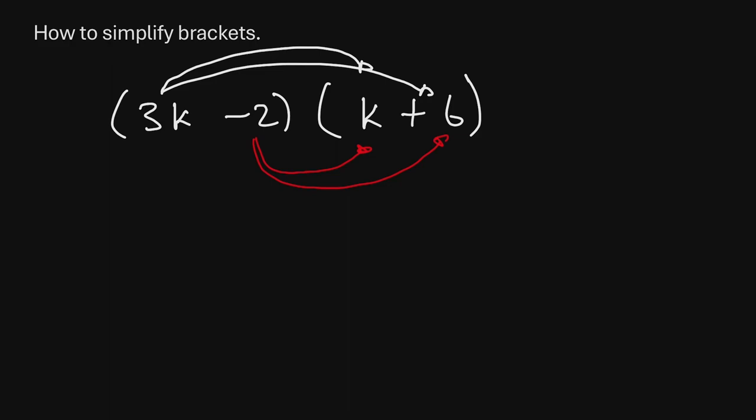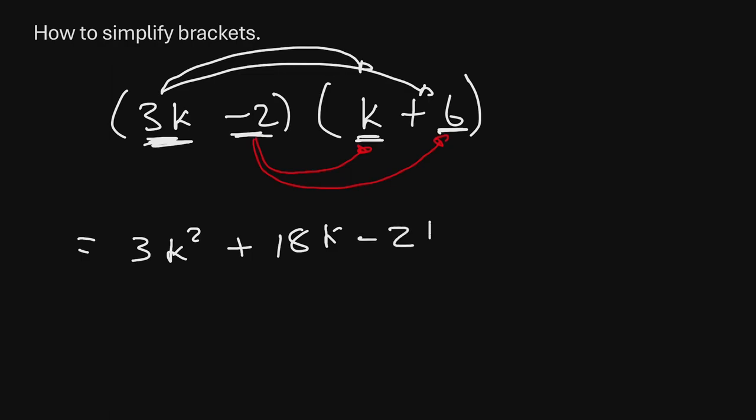So 3k multiplied by k gives us 3k squared. Then 3k multiplied by 6, that is 3 multiplied by 6, gives us 18k. Then negative 2 multiplied by k gives us negative 2k.